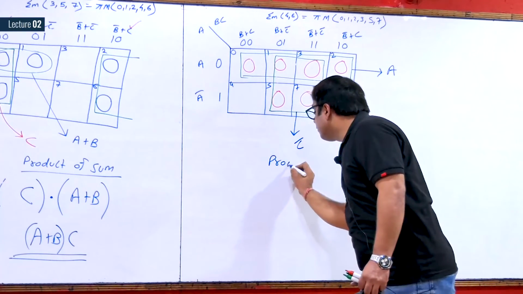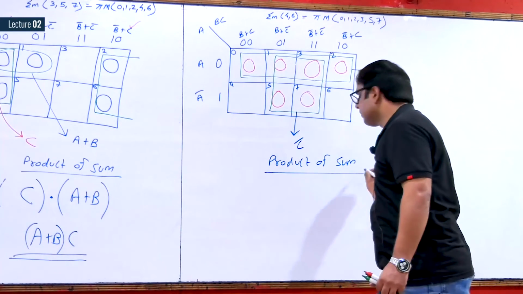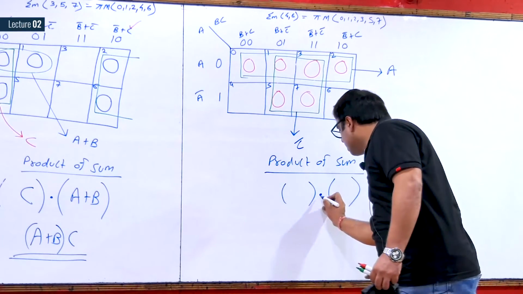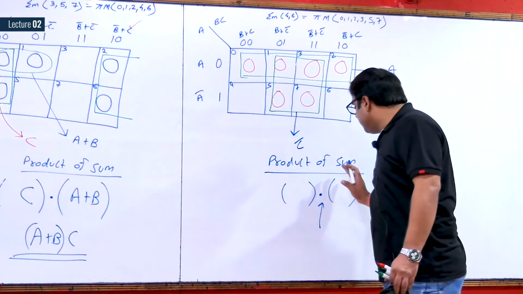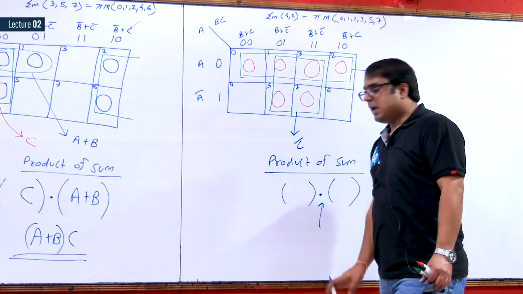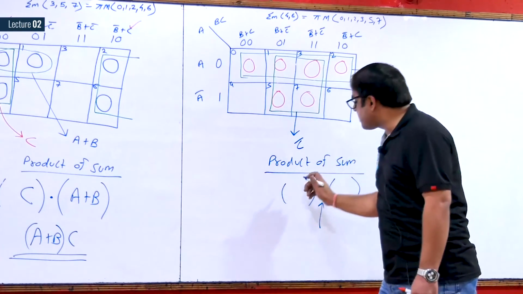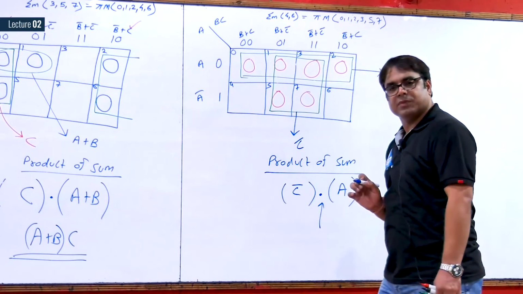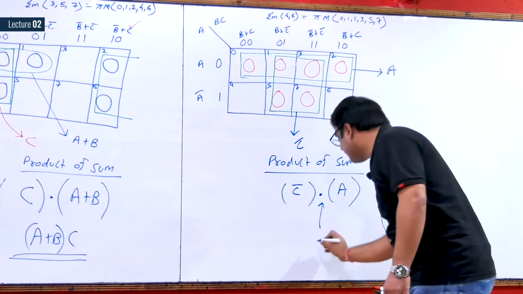Now again see, we are using product of sum. Product of sum means individual terms are sum and then we have to do dot operation. So this is the first individual term, this is the second individual term.